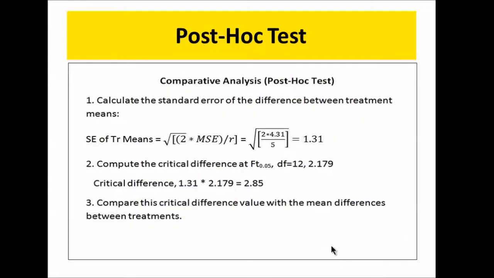Now, how do we conduct the post-hoc test? For comparative analysis, we start with determining the standard error of treatment means. And we have this formula, 2 multiplied by 4.31 divided by 5. So where do we get this 4.31?